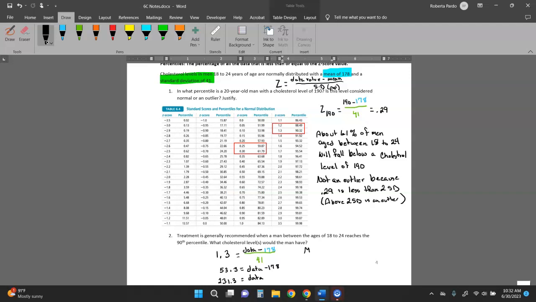So we would say men aged 18 to 24 with a cholesterol level of 231.3 or higher would recommend treatment.